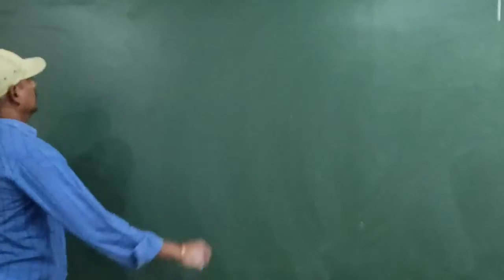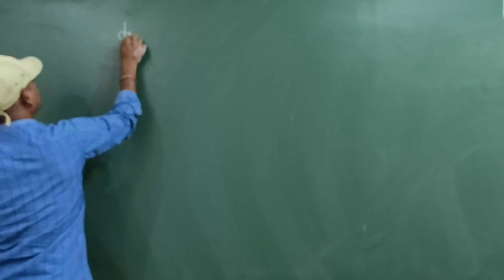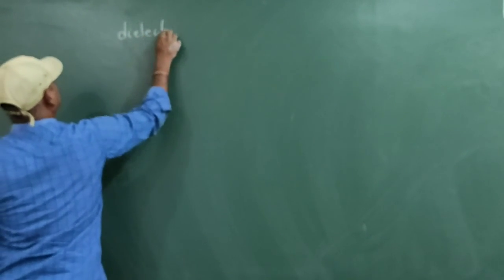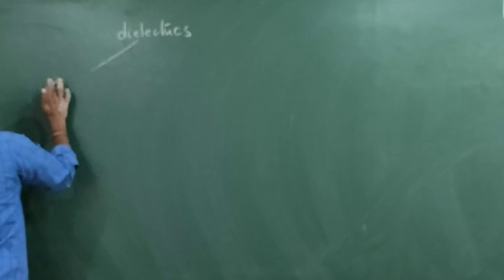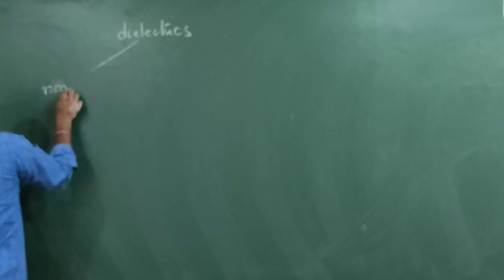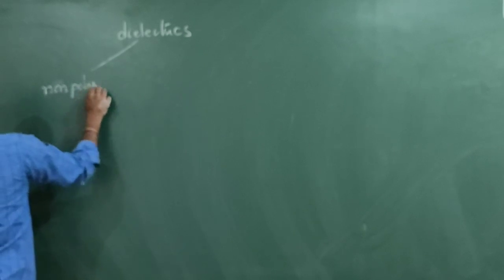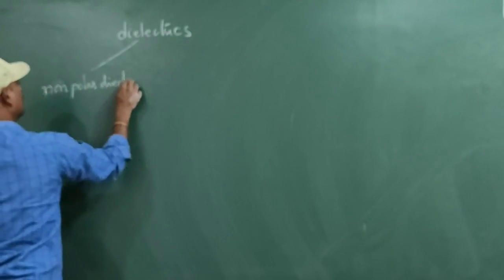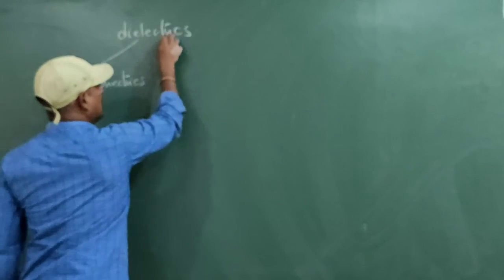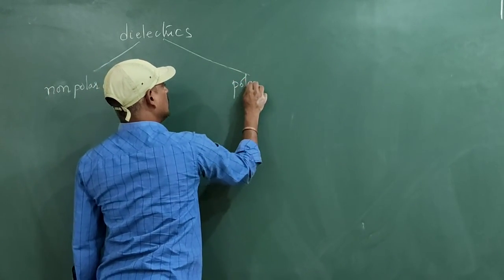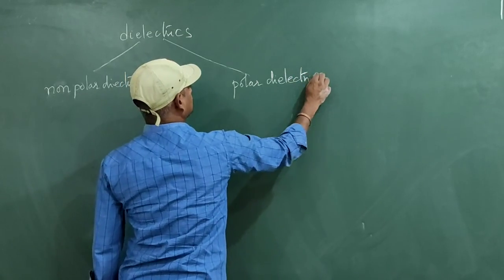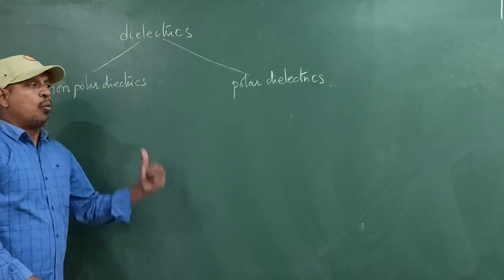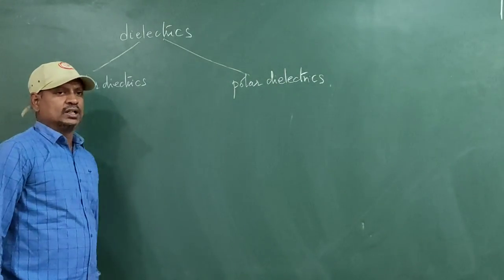Then we can have dielectrics. There are two types of dielectrics. First one is called non-polar dielectric. The other one is polar dielectric. What is a non-polar dielectric?